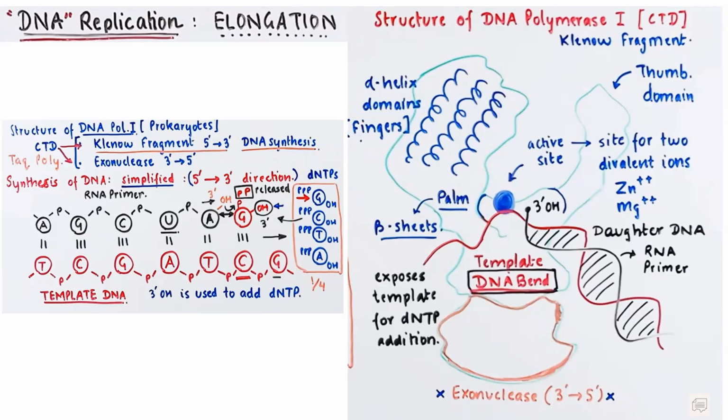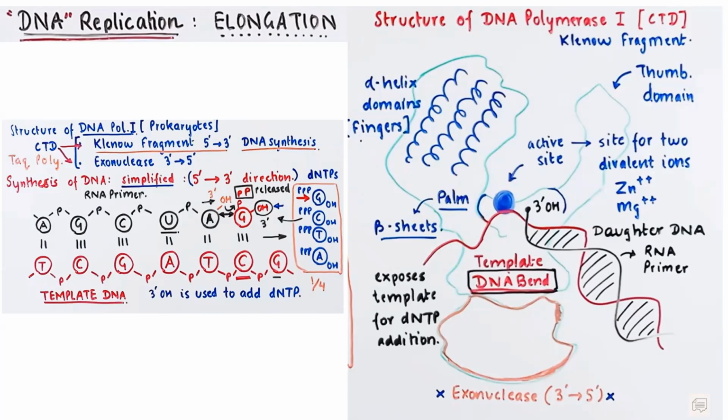So this entire thing is like a hand, or the hand of a baseball glove. We have seen this same structure when we talked about RNA polymerase. When we discuss transcription, our main focus will be on the top bigger portion, the Klenow part specifically, and it will not focus on the exonuclease domain.